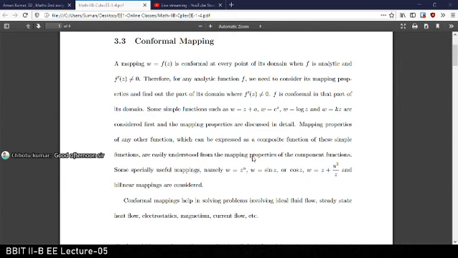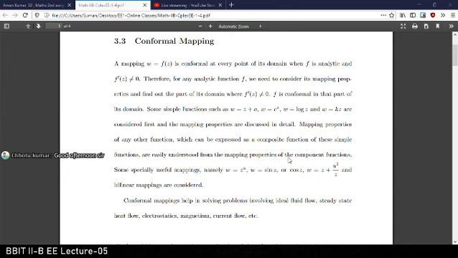Now, if I consider two intersecting curves in the Z plane, then those two curves will be mapped to two different curves in the W plane. Suppose their intersecting point means one point is common to them.